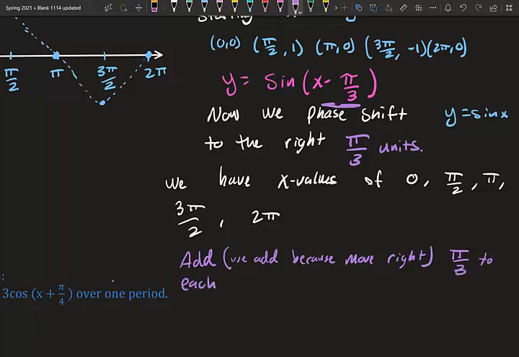So we have the x values of 0, pi over 2, pi, 3 pi over 2, and 2 pi. Those come from y equals sine x.